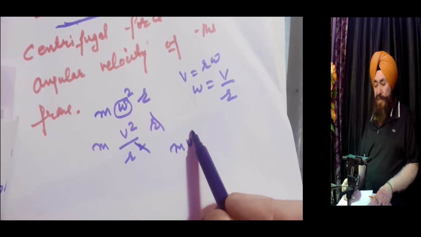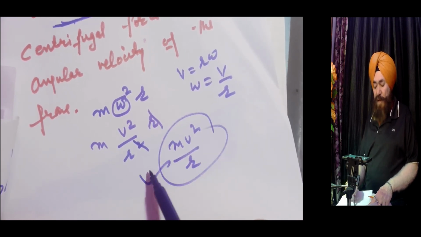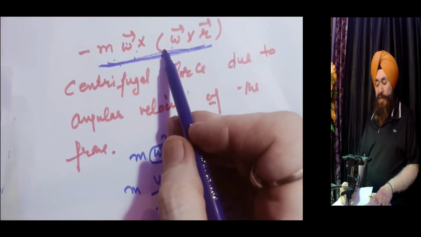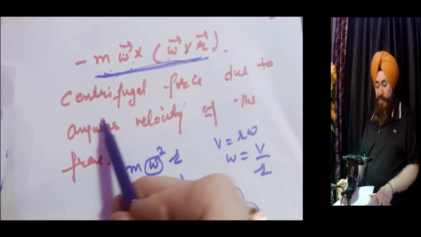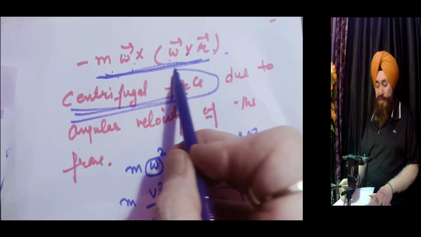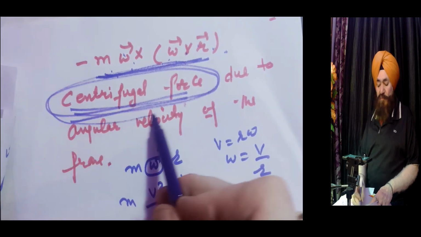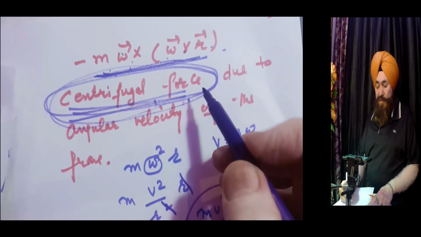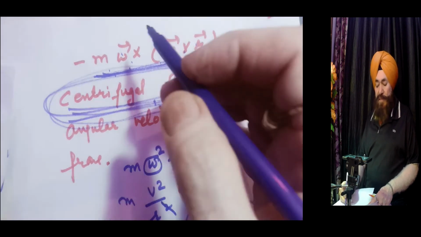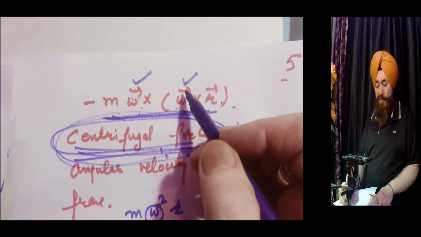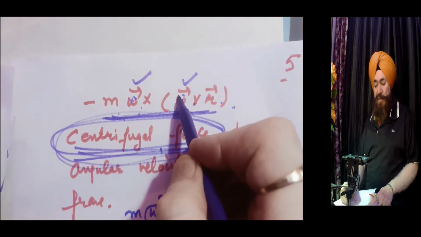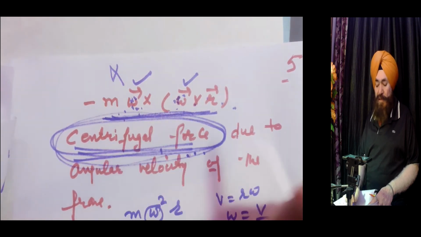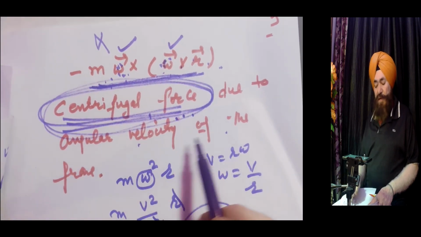So m v square over r is the centrifugal force. You already know. So m omega vector cross r vector is the centrifugal force. This is also a fictitious force. It originates because the frame is rotating with angular velocity omega. If the frame is not rotating, there will not be this force due to the angular velocity omega.